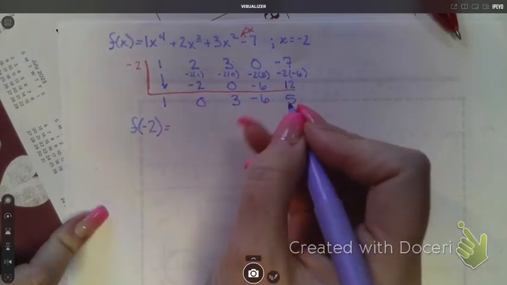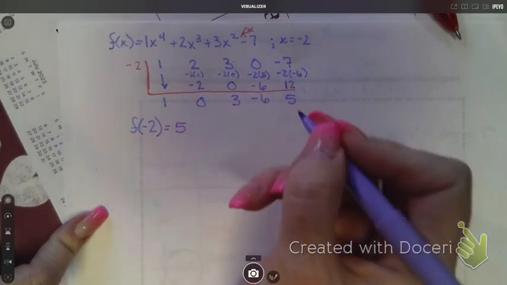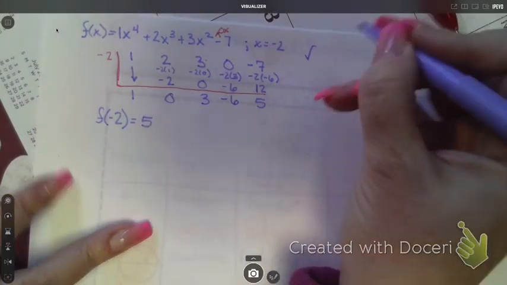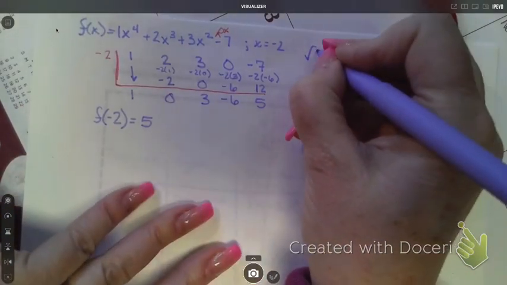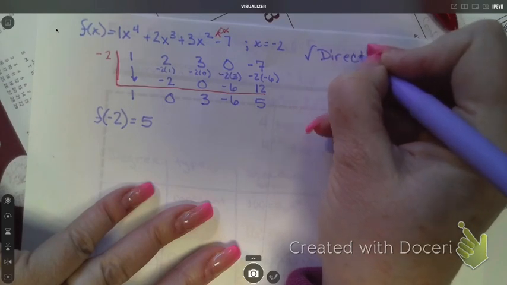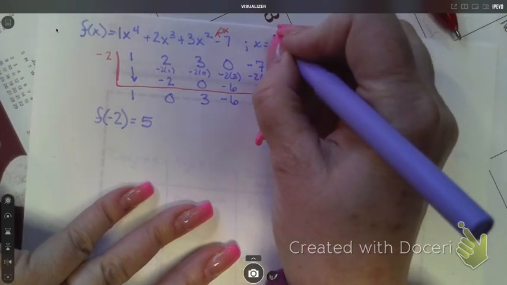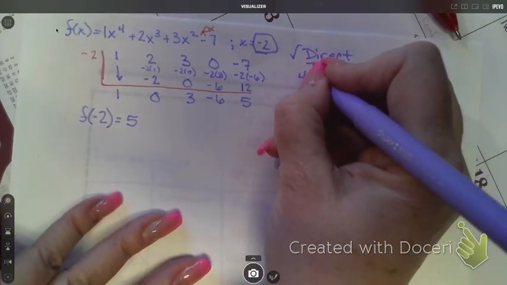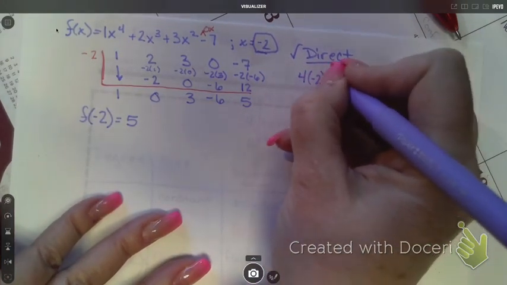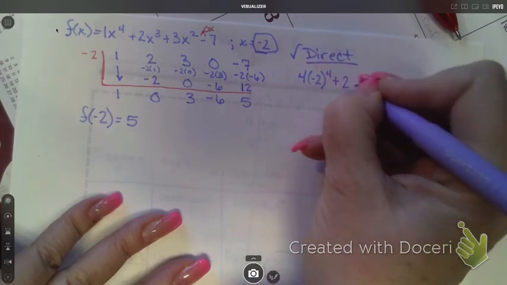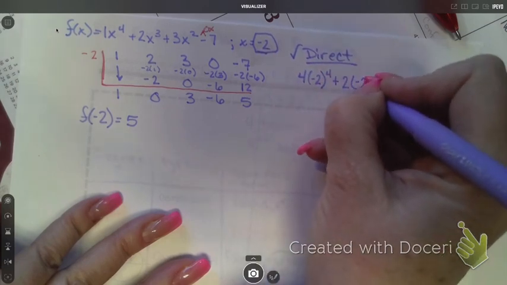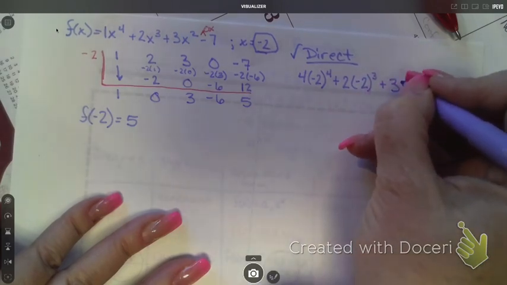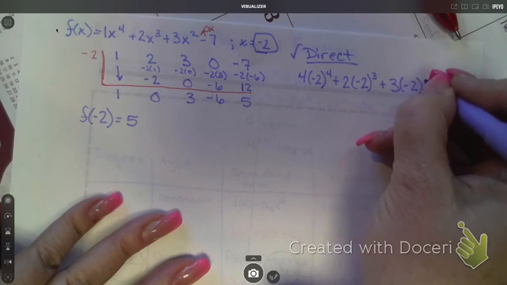Now, if it says check it with direct substitution, that means I just plug -2 in for all of these x's. So that's 4 times -2 to the 4th plus 2 times -2 to the 3rd plus 3 times -2 squared, and -7.